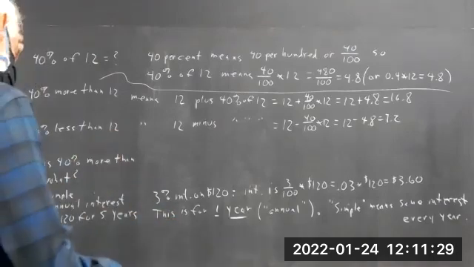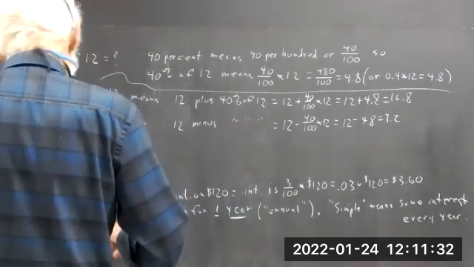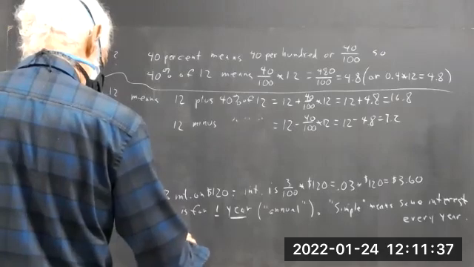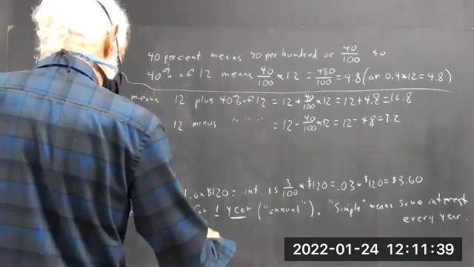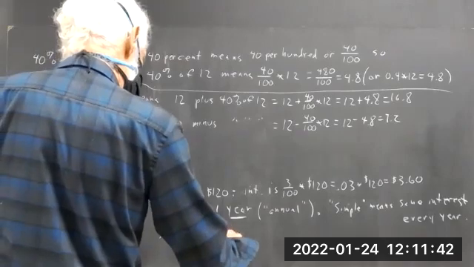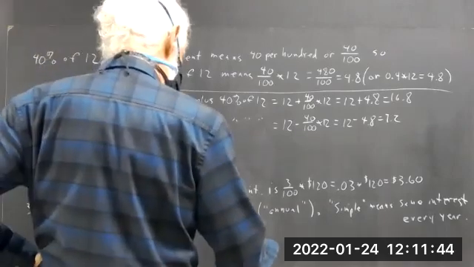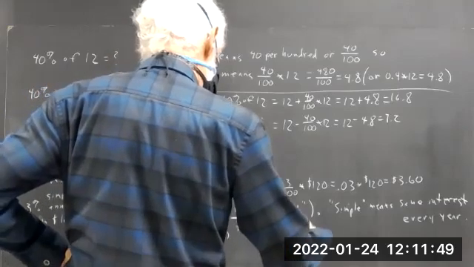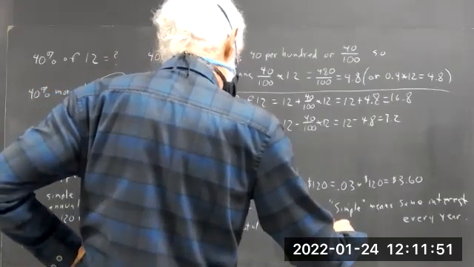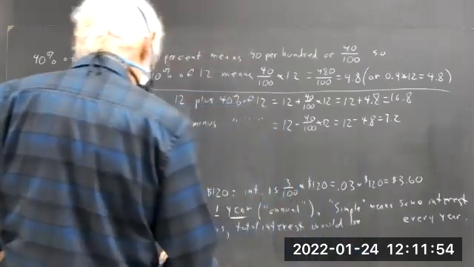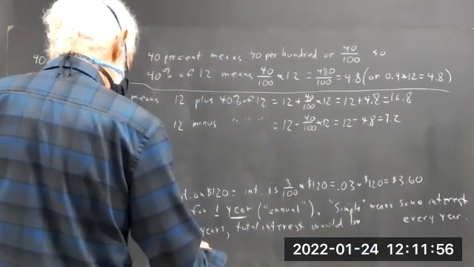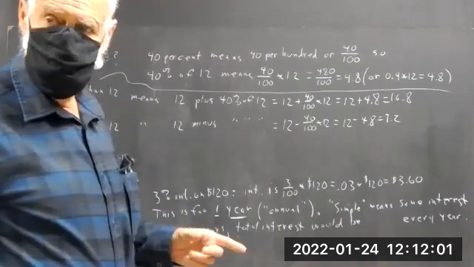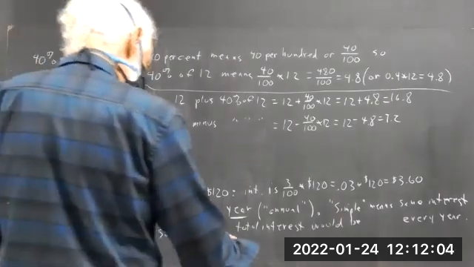In this case, in 5 years, the total interest would be 5 times $3.60.